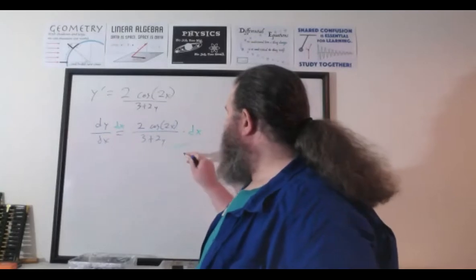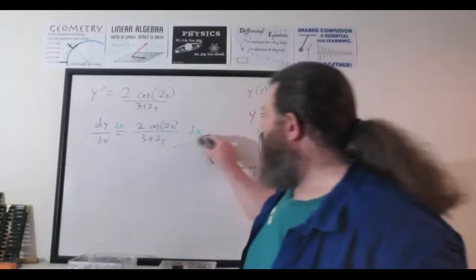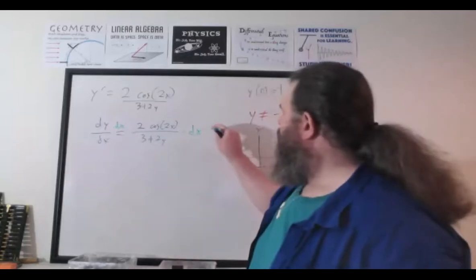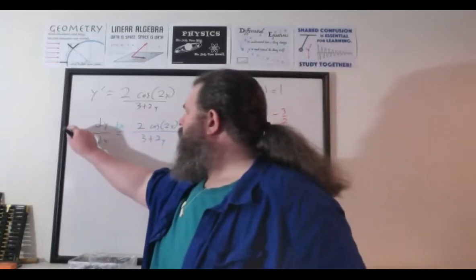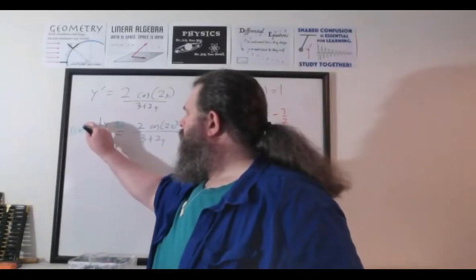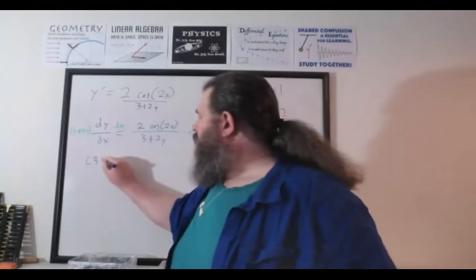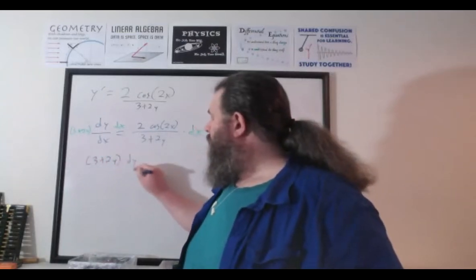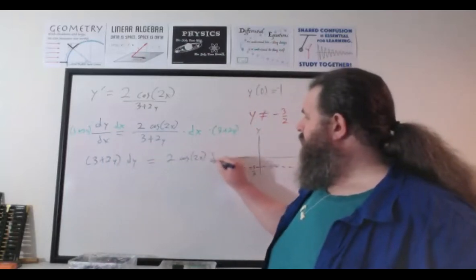And actually, I guess we want to multiply both sides by 3 plus 2y also. That gives us 3 plus 2y dy equals 2 cosine 2x dx.